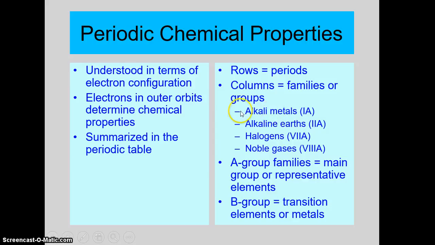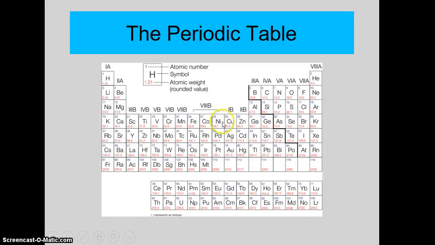All right, so here, let's go back. The first column, the 1A column, these are all called alkali metals. These 2A, these are all called alkaline earth metals: beryllium, magnesium, calcium, strontium, and barium.